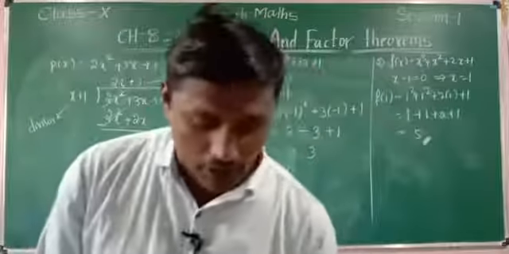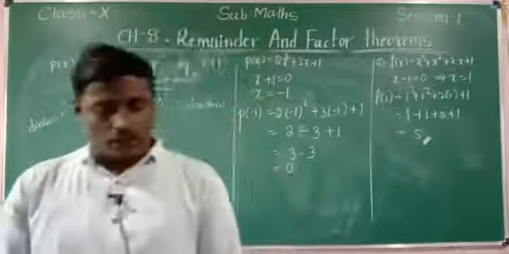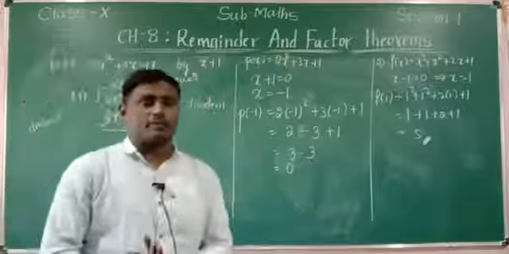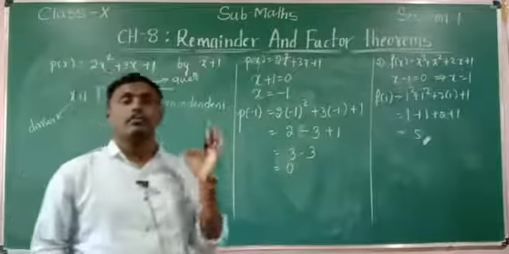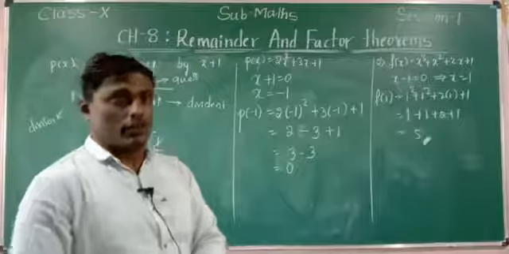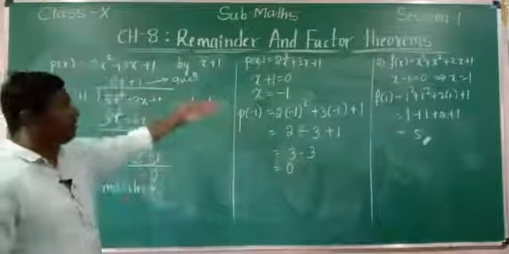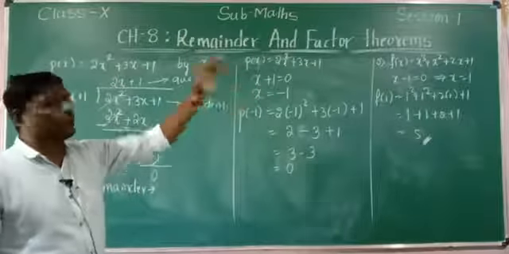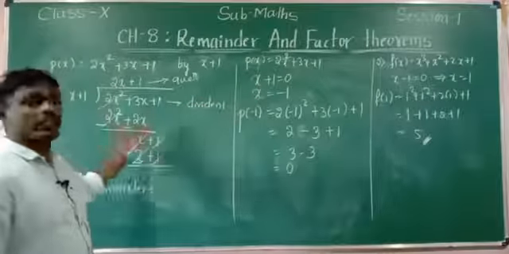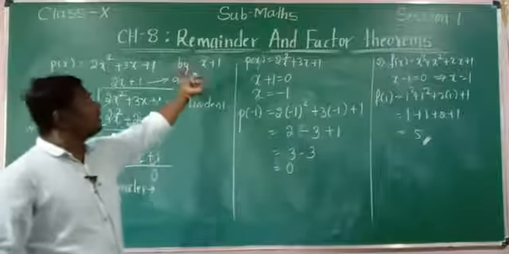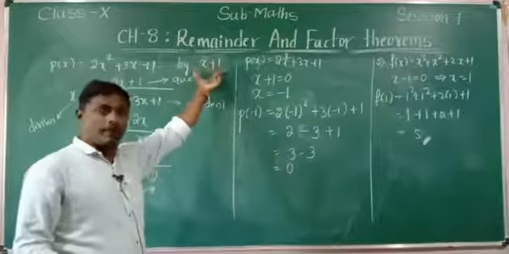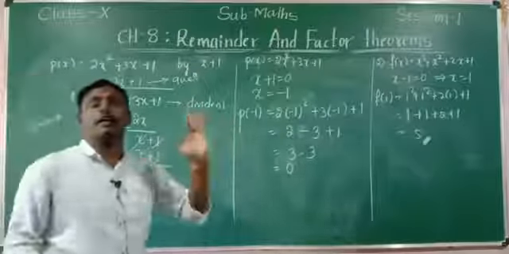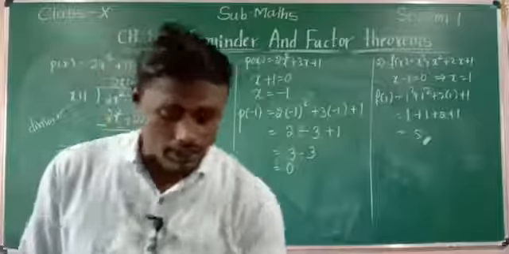Okay, with the help of these two examples, we conclude that the remainder of the given expression we obtain by substituting the value of the variable in the given expression, or by dividing the given expression by the other factor. So these are the two methods to identify the remainder of the given expression.